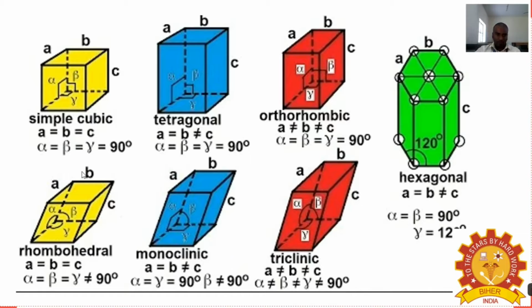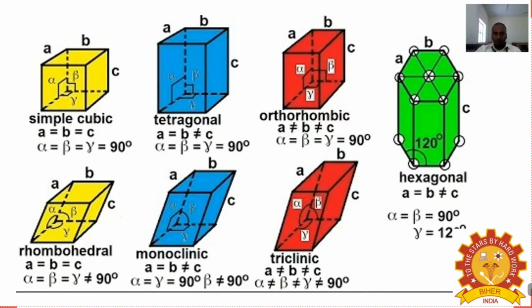A is equal to B, B is equal to C, but the angles alpha, beta and gamma are not 90 degrees. If we compare simple cubic with rhombohedral, it's slightly tilted. That slightly tilted structure of a simple cubic is generally called rhombohedral.